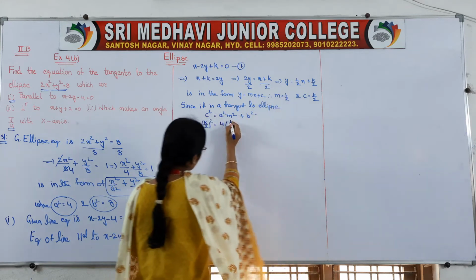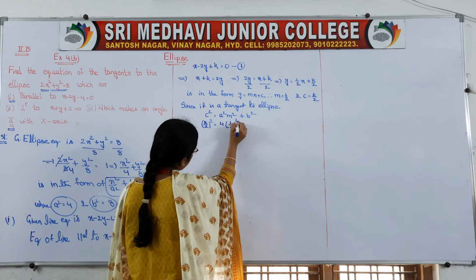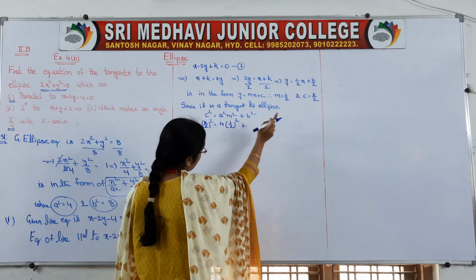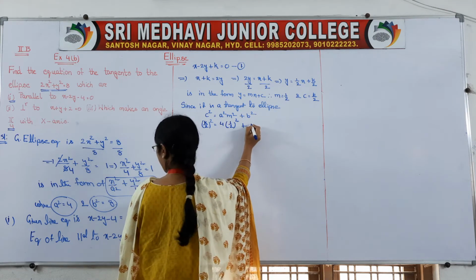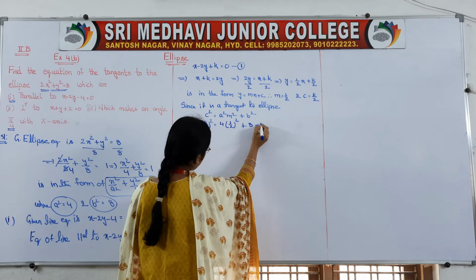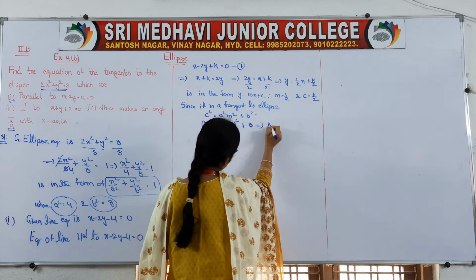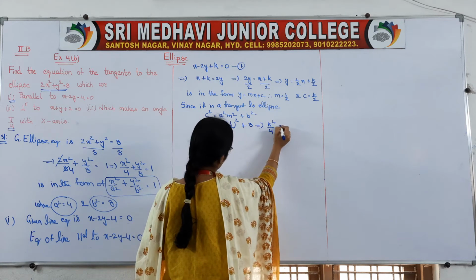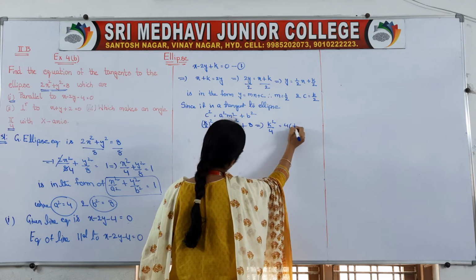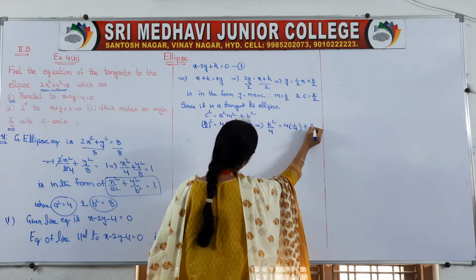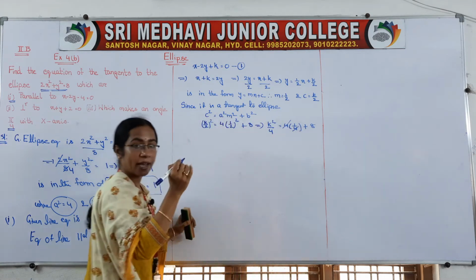m is equal to 1/2, m² is there, right, plus b², which we got as 8. This implies k²/4 = 4 × 1/4 + 8, 4 cancel.